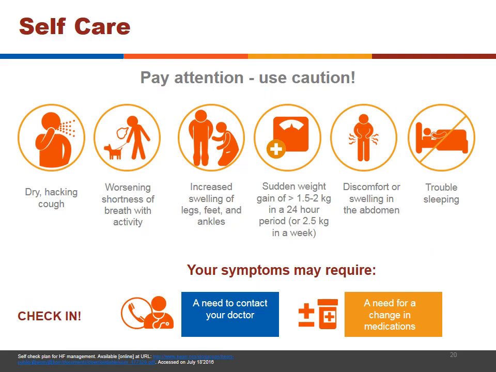Causes like dry hacking cough, worsening shortness of breath with activity, increased swelling in legs, feet and ankles, sudden weight gain. So we will always take care of this part in managing the heart failure patient.